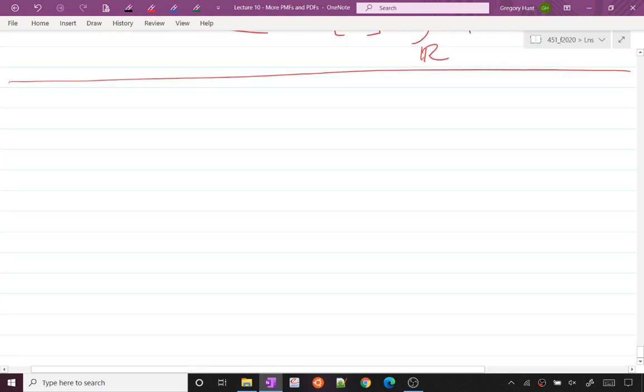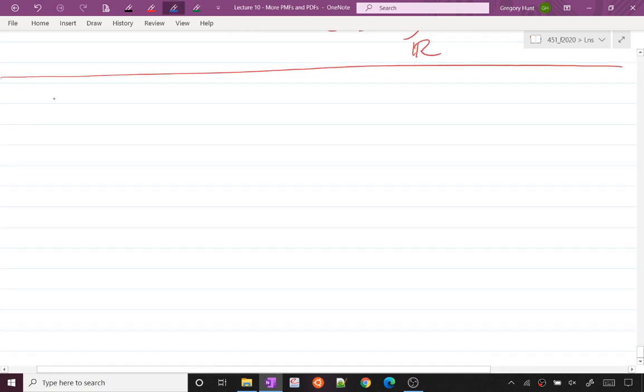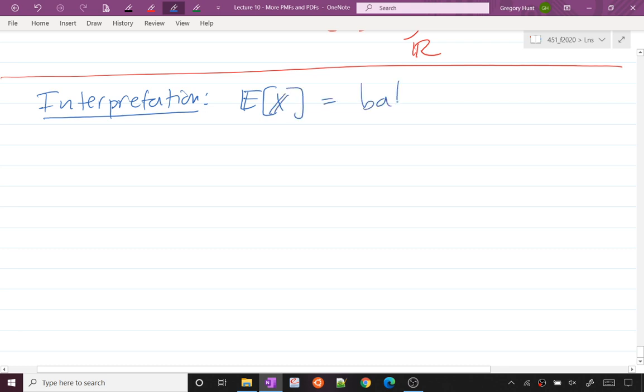So let's talk a little bit about what this looks like. One interpretation is that the expected value of x is like the balancing point of the distribution of x.